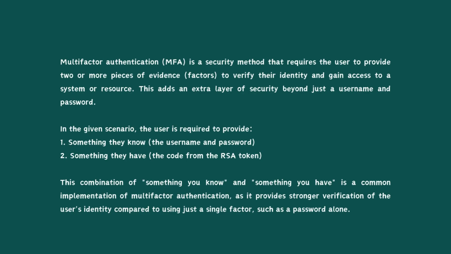Something they know, the username and password. 2. Something they have, the code from the RSA token. This combination of something you know and something you have is a common implementation of multi-factor authentication, as it provides stronger verification of the user's identity compared to using just a single factor, such as a password alone.